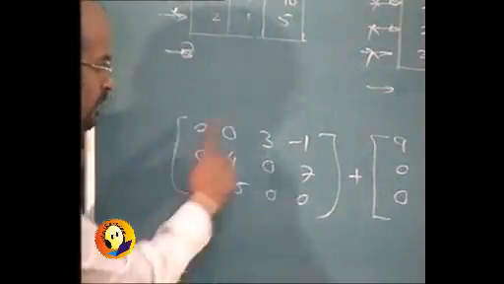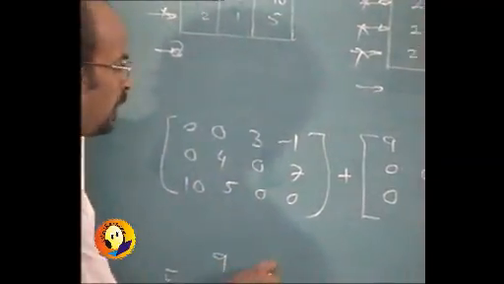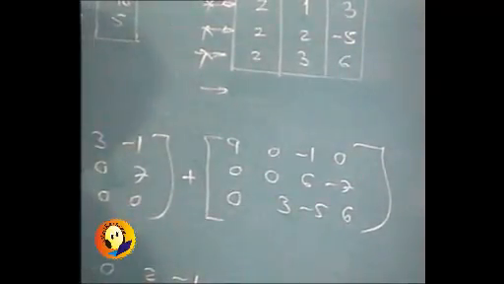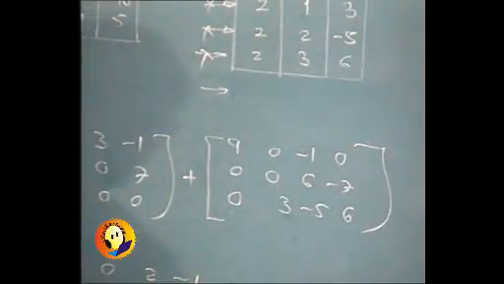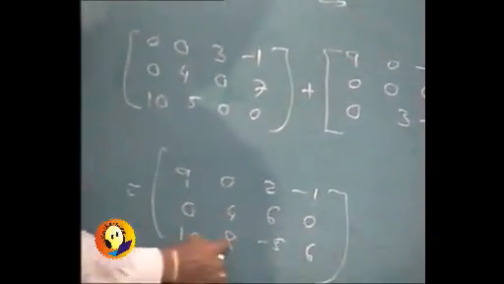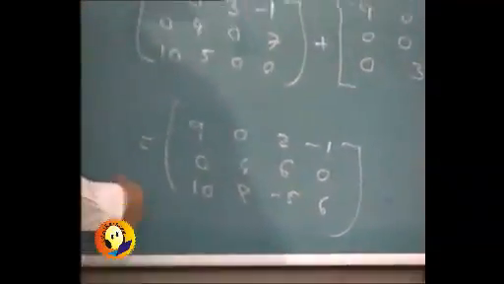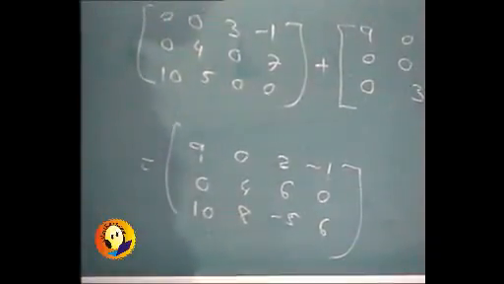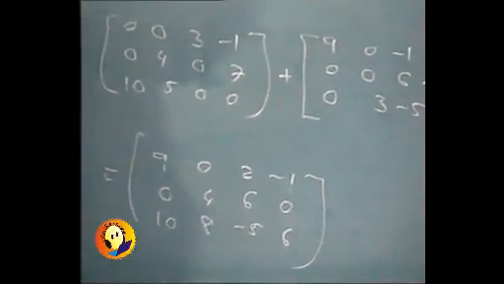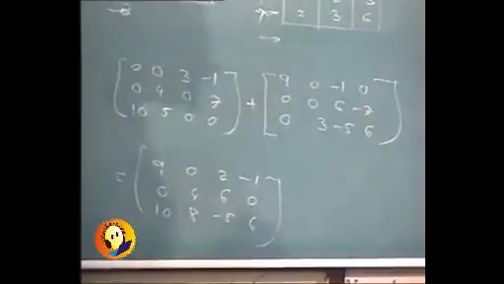And then the addition, if you see, it should be 9, 0, 2, minus 1, 0, 4, 6, 0, 10, 8, minus 5, 6, 1, 2, 3, 4, 5, 6, 7, 8, 9 elements. Check the contents also. 9, 2, minus 1, 4, 6, 10, 8, minus 5, 6 here.